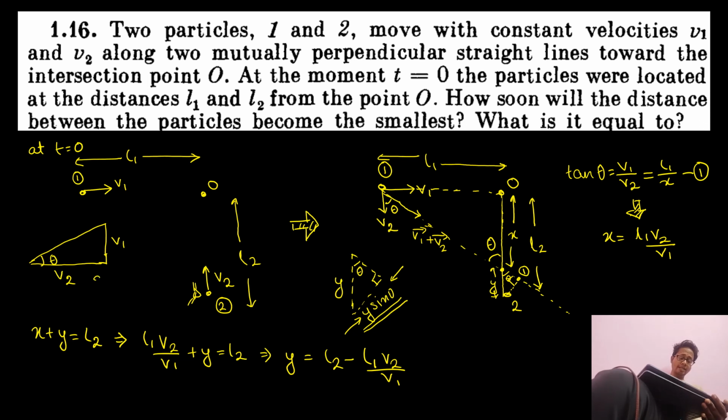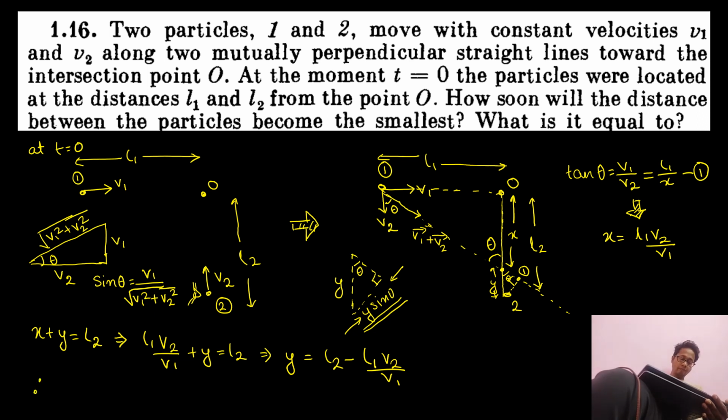What is sine theta? Sine theta is nothing but perpendicular by hypotenuse, and the value of hypotenuse is the square root of V1 square plus V2 square. So sine theta would be V1 by the square root of V1 square plus V2 square. This much is understood. And we need to find the value of y sine theta. Why? Because y sine theta is the closest distance.